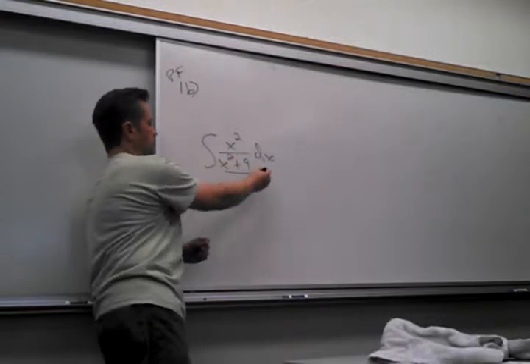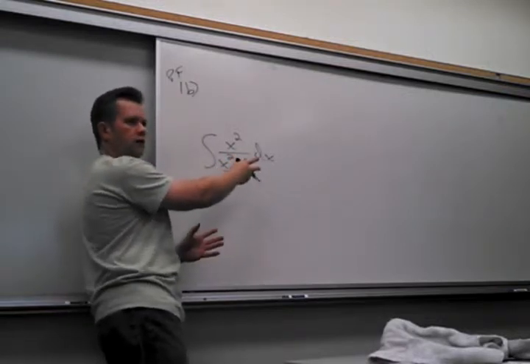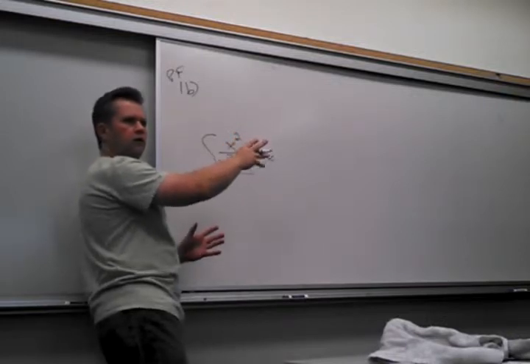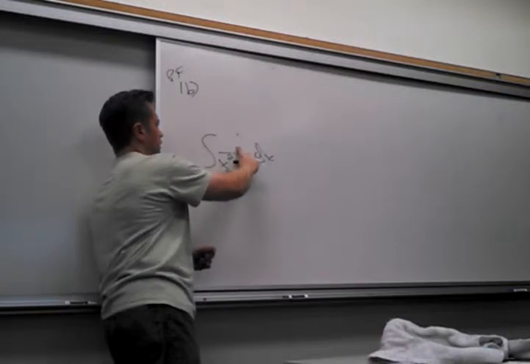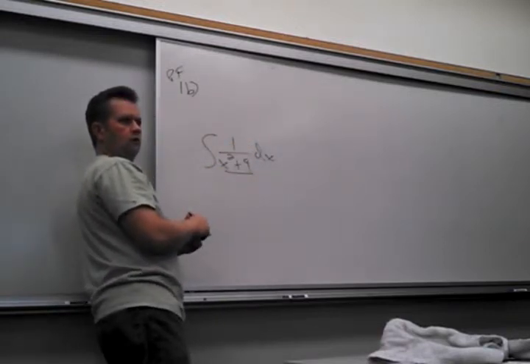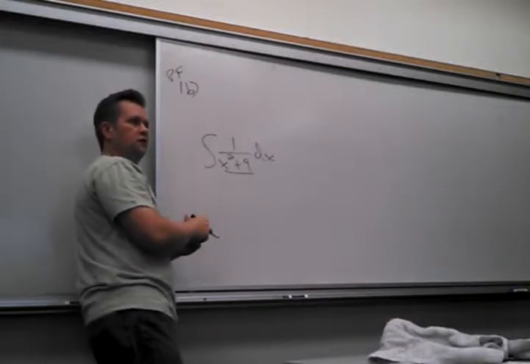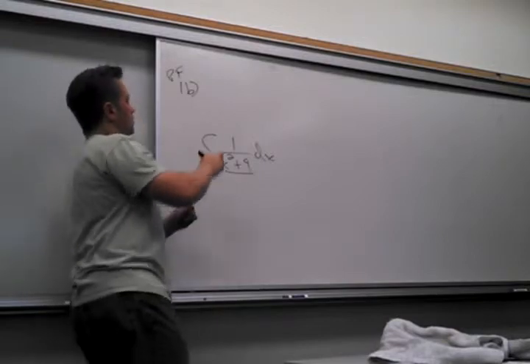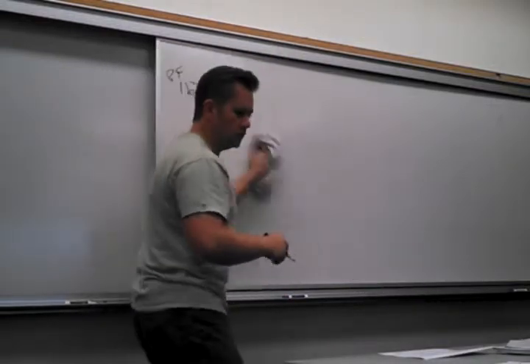I couldn't do partial fractions because I can't really factor it. I can factor that using complex numbers, but I really don't feel like it. You could use trig sub, and if it did tangent, you would probably want to use trig sub, right? So through your tears, you would figure that out.